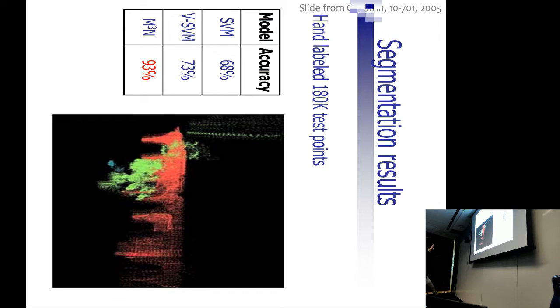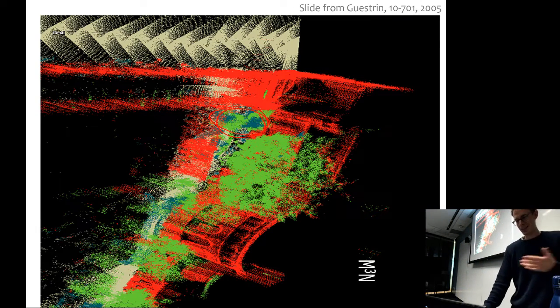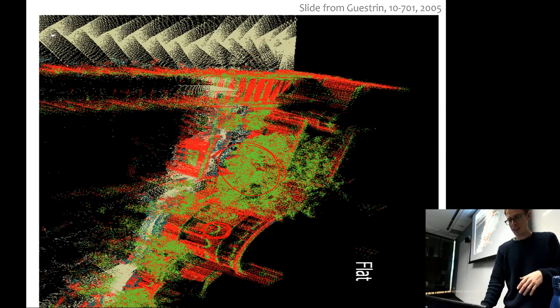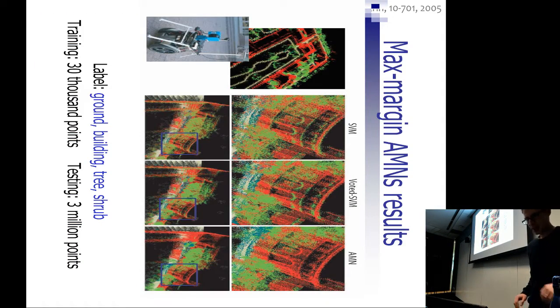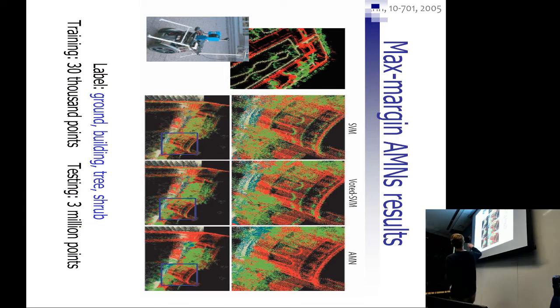Here, what you can see is that the max margin Markov network is getting 93% accuracy, whereas it's beating out some baselines. What I care about is that we're going to be labeling different pixels. This is a segmentation task in 3 dimensions, where the label is either the ground, a building, a tree, or a shrub.